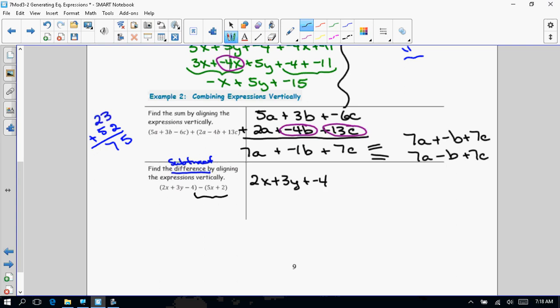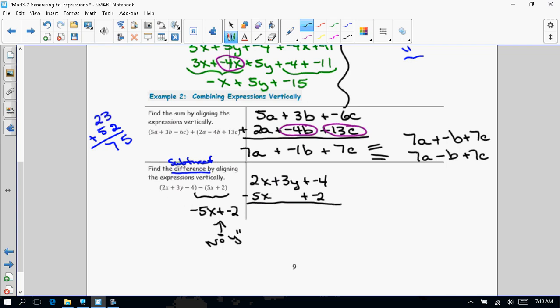I want to actually write that out a minute. This would be negative 5x plus negative 2, okay? So I'm going to put the x's where they belong, negative 5x. I don't have a y here, right? No y. So I'm going to skip the y spot when I come up and put it in here vertically, and then I'm going to put plus negative 2 underneath the 4 because those are just numbers by themselves, constants.